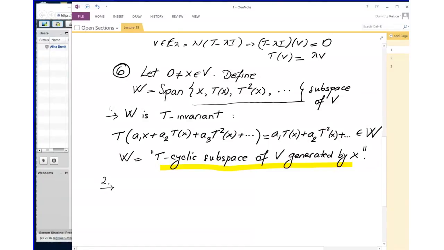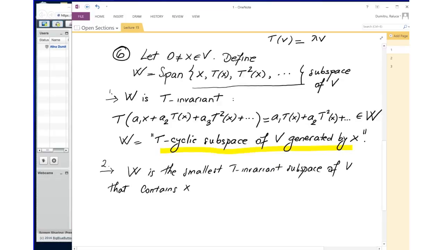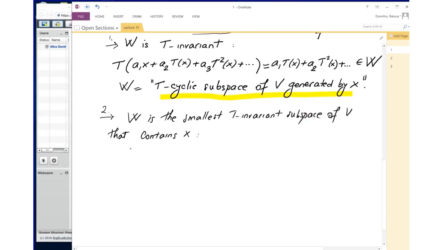All right. Second property that this T-cyclic subspace has is that it is the smallest subspace of V that contains x. So in other words, W is the smallest T invariant subspace of V that contains the element x. What does this mean?